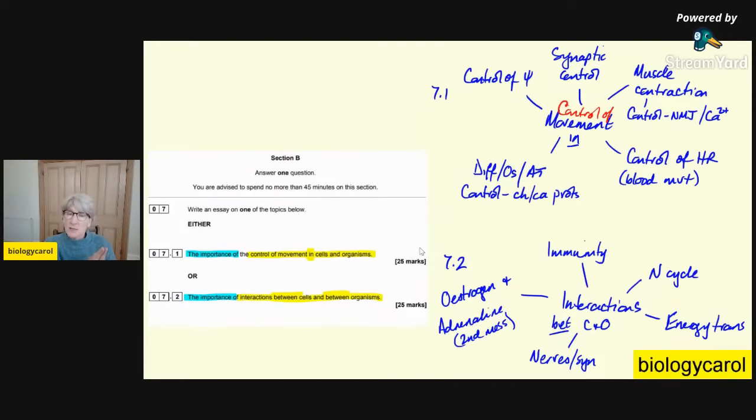So my guide for writing about the importance of an example is to try and relate the example that you've just written about to some other topic in your A-level content, because then of course you have got a mine of terminology that you can get into your answer.